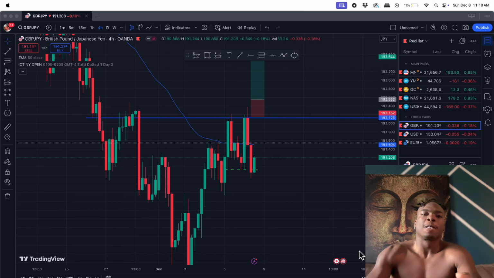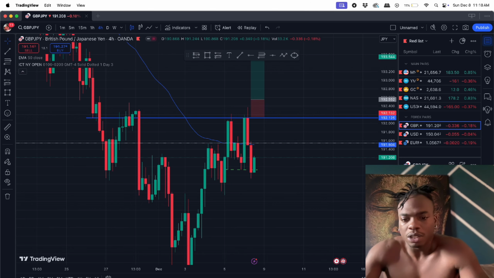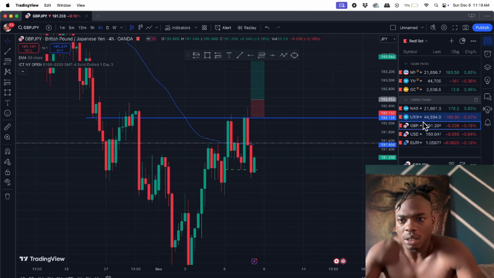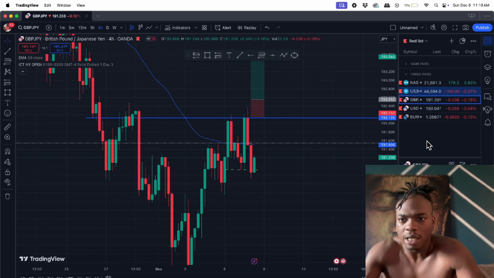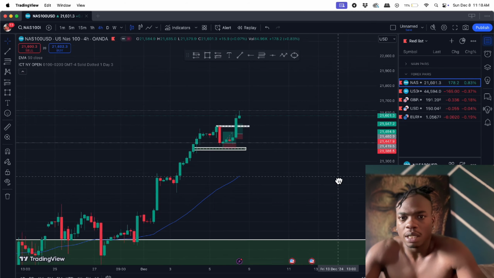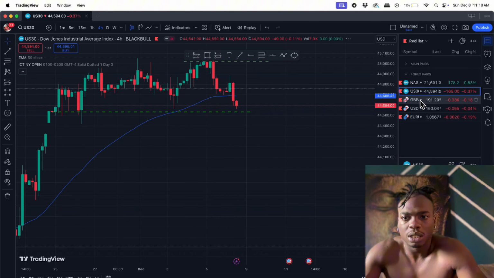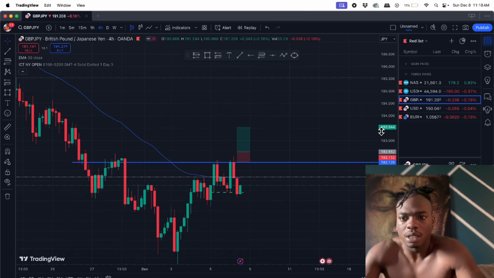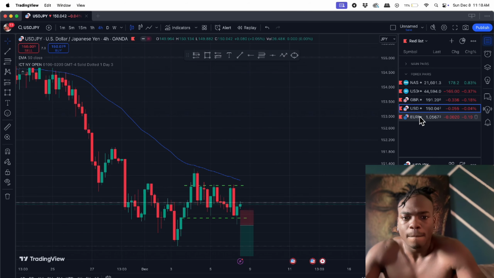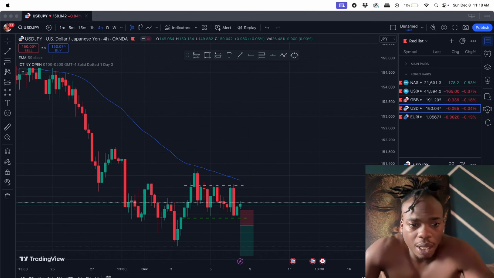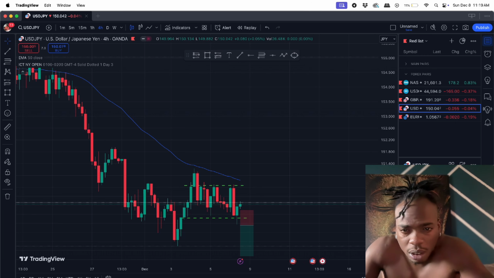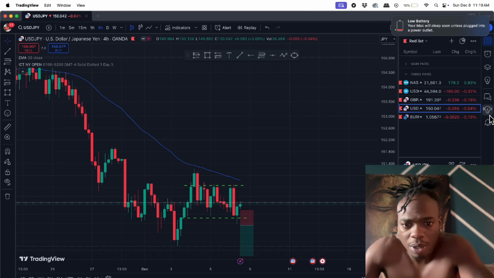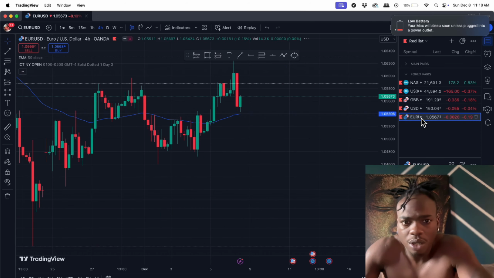So, how I mark out my charts. We are only going to be focused on these pairs right here: NAS, US30, and GBP JPY, USD JPY. Also, the Euro USD.